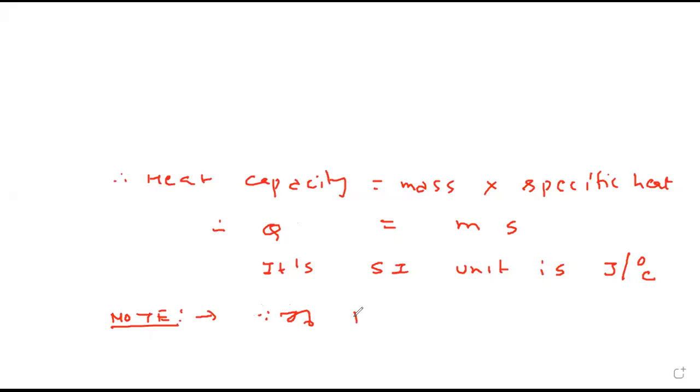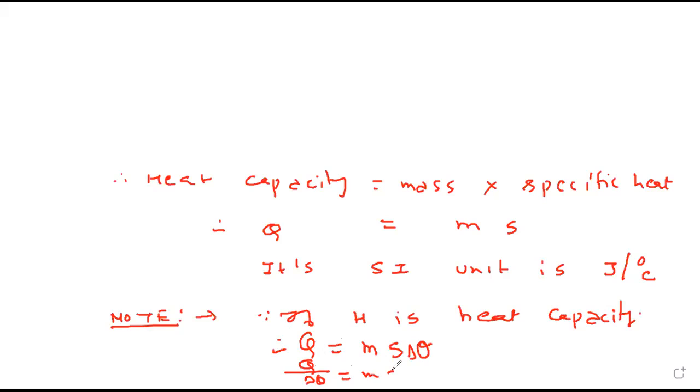If H is heat capacity, since Q equals mass into specific heat into change in temperature, so Q upon change in temperature is ms. Therefore, heat capacity H is Q upon delta T. So sometimes in entrance exams they will give you heat and change in temperature, not the mass.